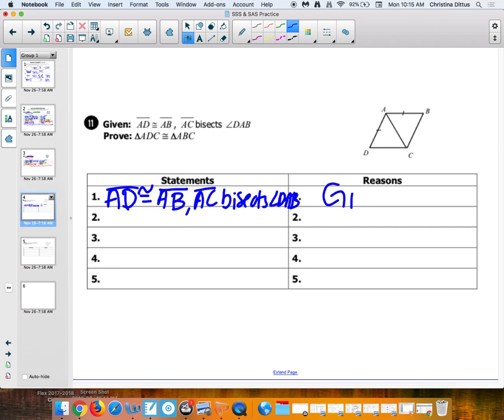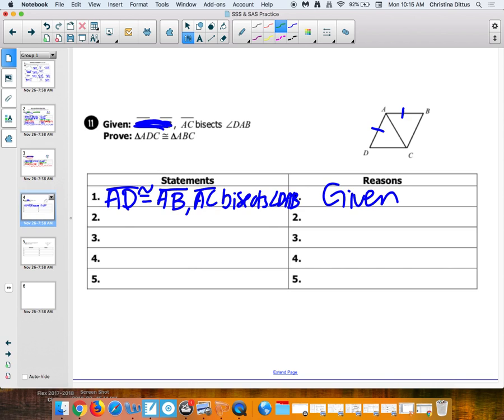First reason always is given. They even marked their picture for us already. Okay. I have that AD and AB are congruent. So that's good. Done.